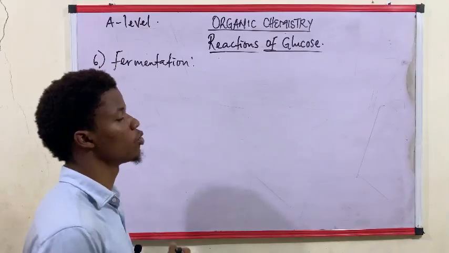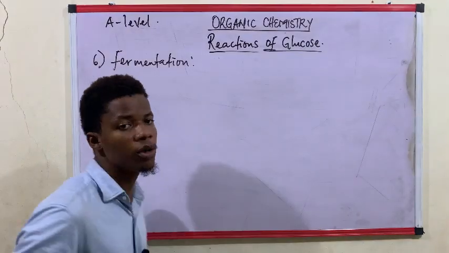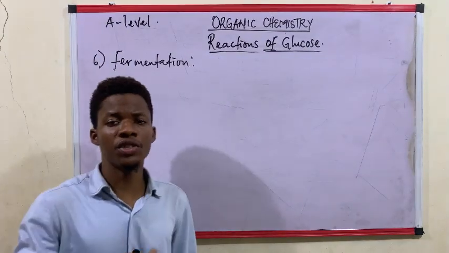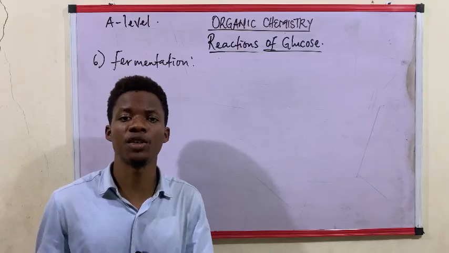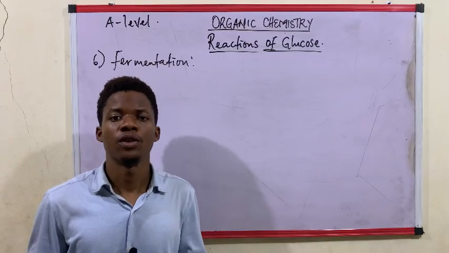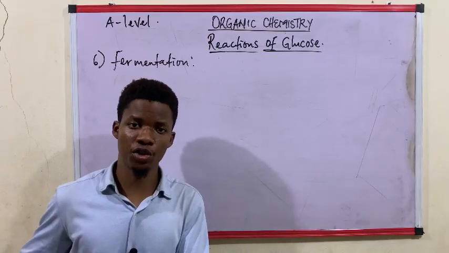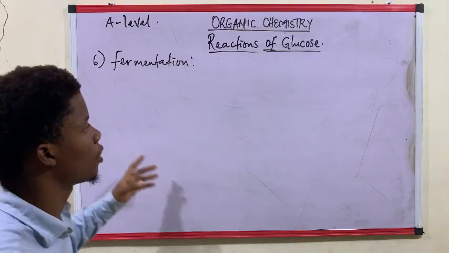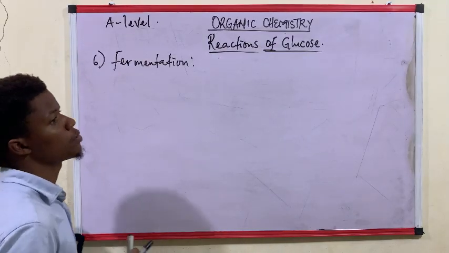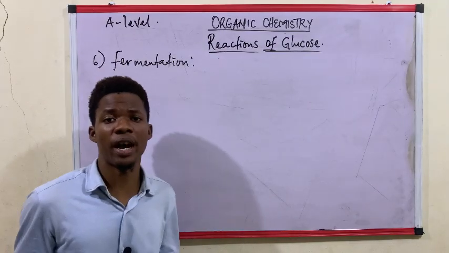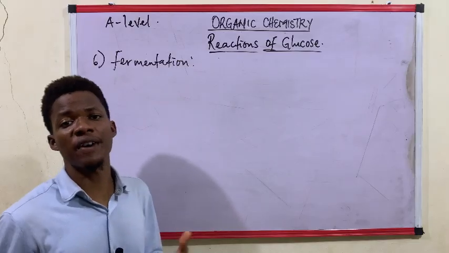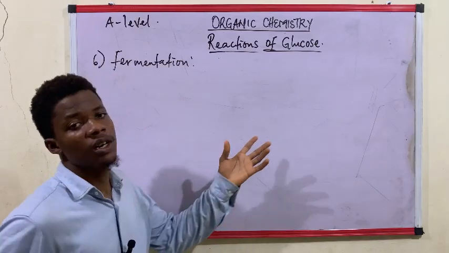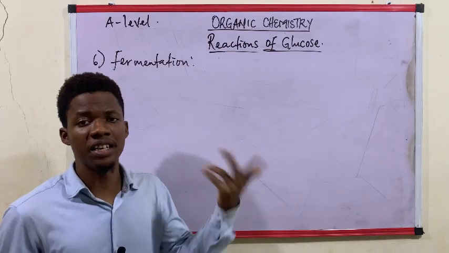The next reaction of glucose we're going to have is fermentation. Now, what is fermentation? Fermentation is simply the slow microbial decomposition of starch, which is a large carbohydrate, to give us final products, which are carbon dioxide and ethanol.